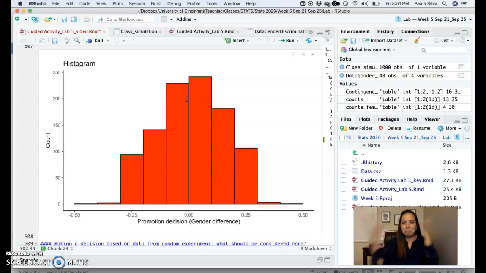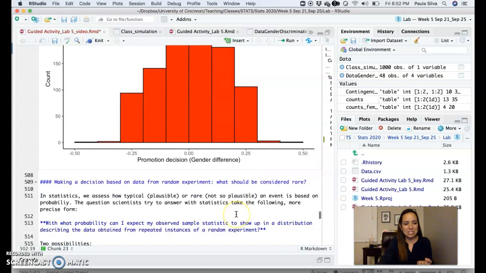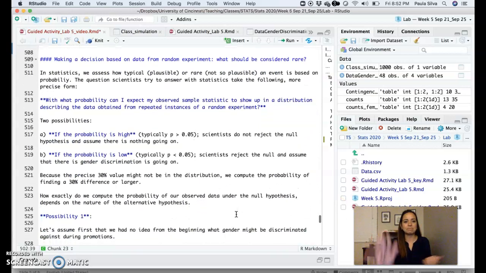It should be about the same in the two piles. But we see a distribution that looks a lot like the normal distribution, right? So we can compute the probability of getting negative 30 or less, 30 or more, just 30. Now let's think about this in the next steps.